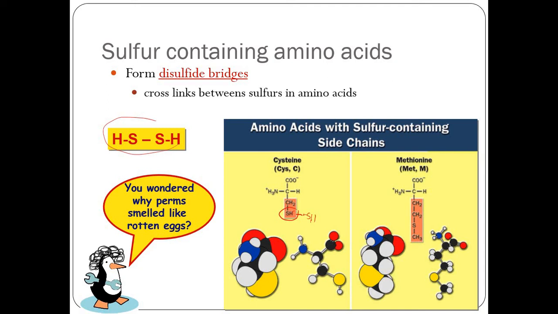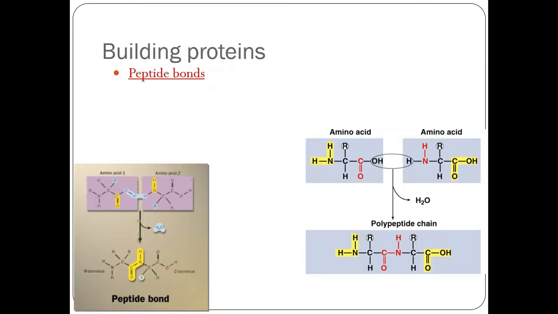Next, how do we build proteins? From amino acids. The bond formed is called a peptide bond. This is the linking of the amino group of one acid to the carboxyl group of another. For example, as I've shown you earlier, we have amino acid 1 and amino acid 2. Remember, alpha carbon, carboxyl group, amino group.